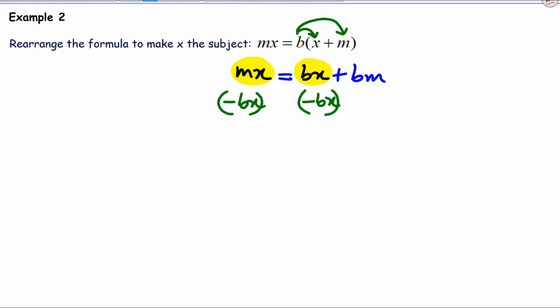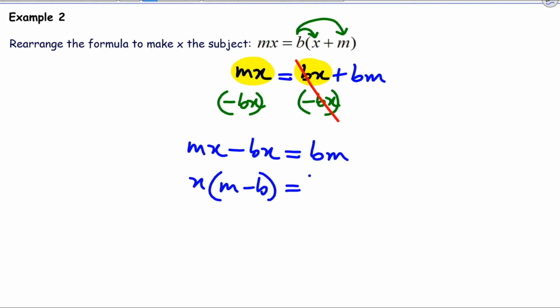bx minus bx will be equal to 0. So what we shall be left with is mx minus bx equal to bm. And then factorize out x. So x into m minus b is equal to bm.